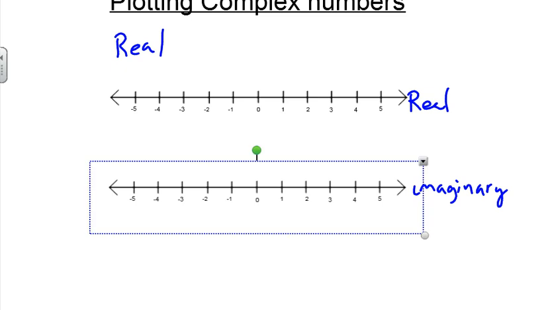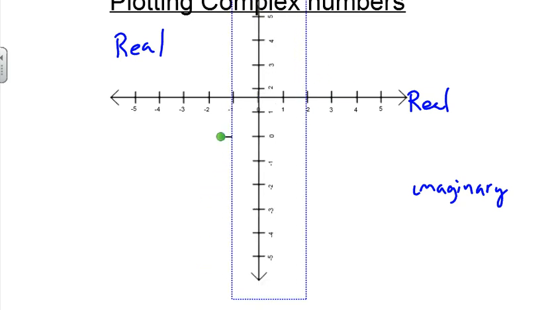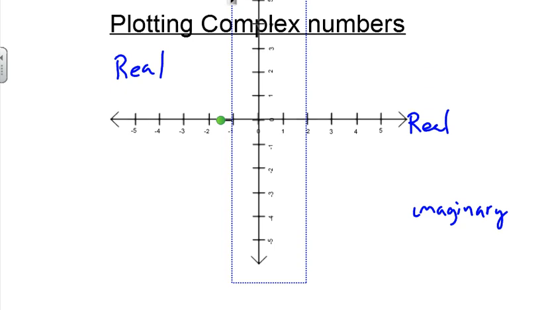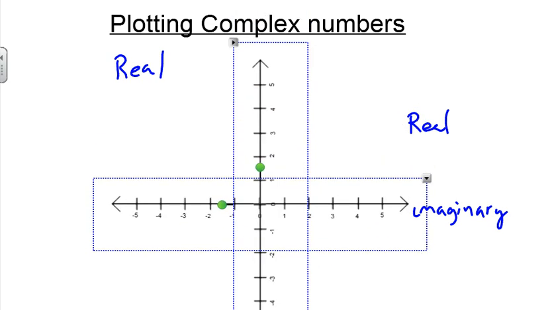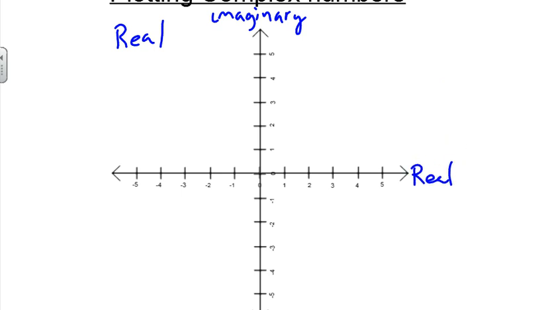So what we do is we take the imaginary number line, we turn it vertical, and we cross it with the real number line. And what we get is a system that looks very similar to an XY plane, where the imaginary axis is the y-axis and the real axis is your x-axis.